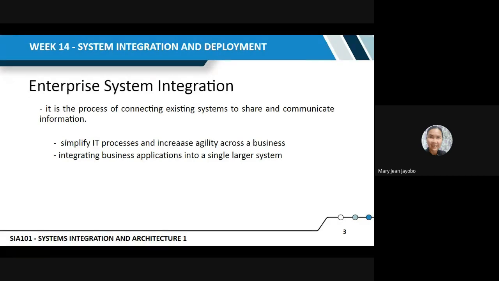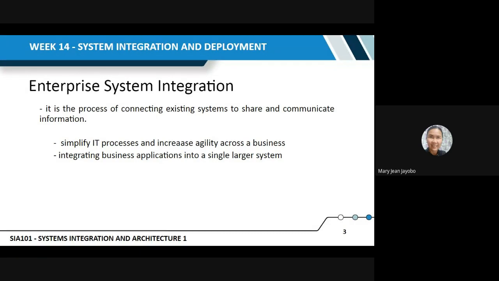I think business will not survive nowadays if there is no computer, if there is no technology. Okay, so as we can see, technology is very important. This is why businesses keep on upgrading and making sure that they have integrated an enterprise system.